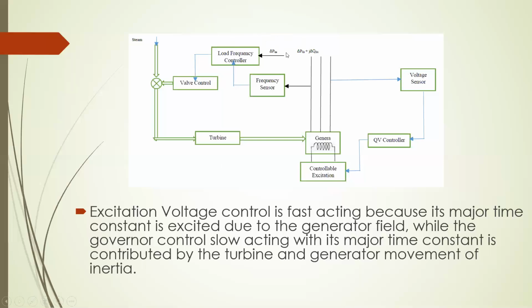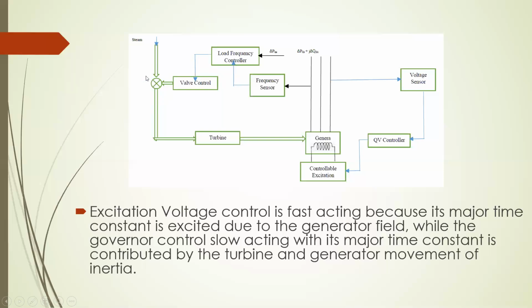So basically the reference frequency is 50 Hertz and the measured frequency is 49.8 Hertz. So the difference is 0.2 Hertz. That error value will be given to the valve controller. That error value is in terms of Hertz, and the load frequency controller converts it into a distance, because the valve controller will be controlling the valve position.